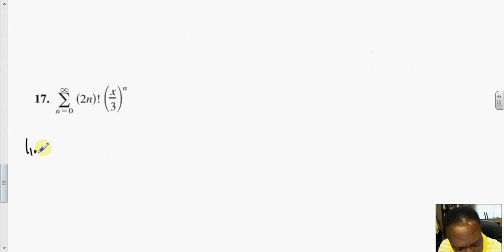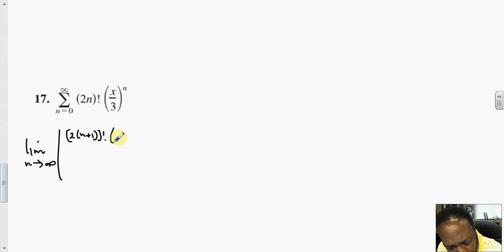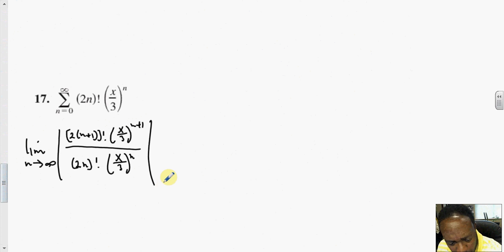So here we apply the ratio test, the limit of the absolute value of 2 in parentheses n plus 1 factorial times x over 3 to the n plus 1, all over 2n factorial times x over 3 to the nth power.